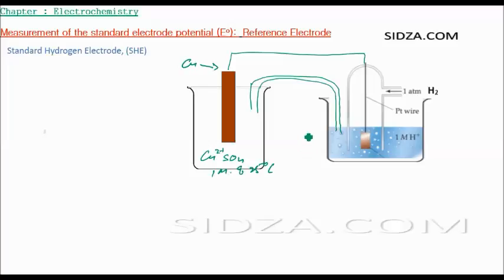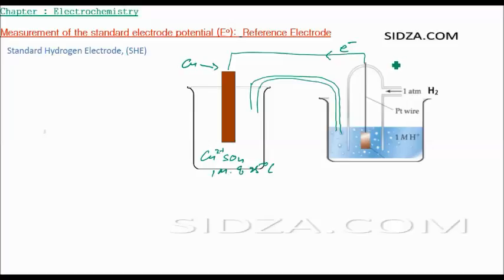As soon as I connect the two electrodes here, we find that electrons start flowing from the hydrogen reference electrode to the copper. This means that hydrogen, in comparison to copper, has a higher tendency to lose electrons. Copper has a high tendency to gain electrons, so copper will take electrons away from hydrogen.